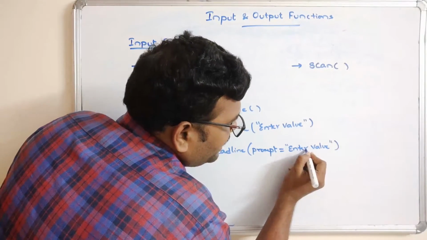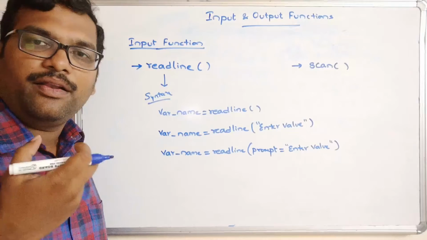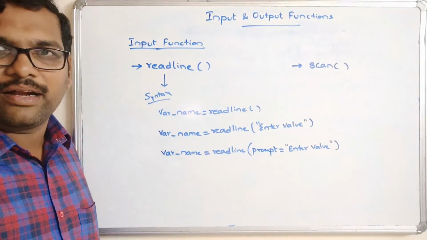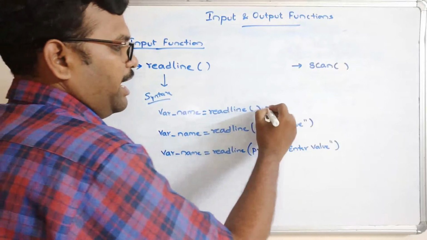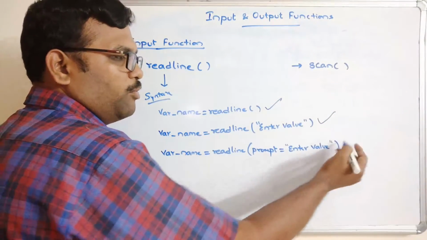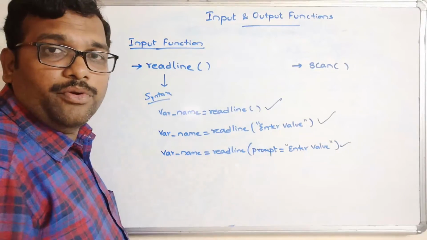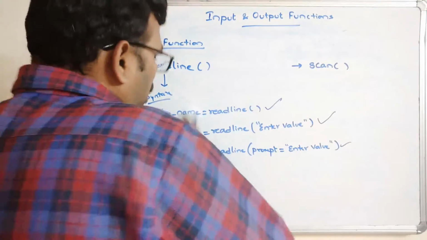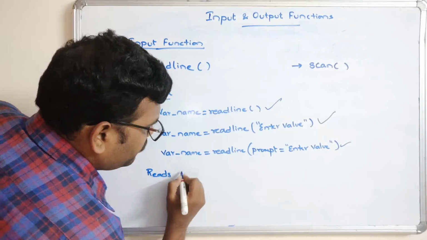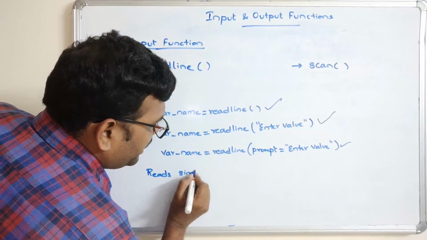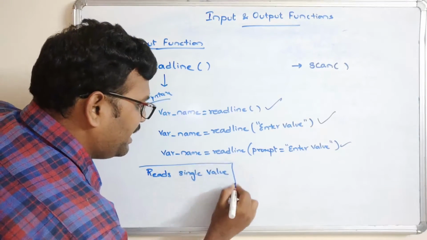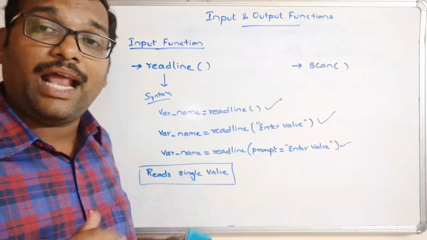In all these three cases we can read the input from the user during the runtime, right? Either you can use an empty parameter, one parameter with a string constant, or a parameter using the prompt attribute. In all these cases it reads a single value. The readline function will always read a single value as a character data type.